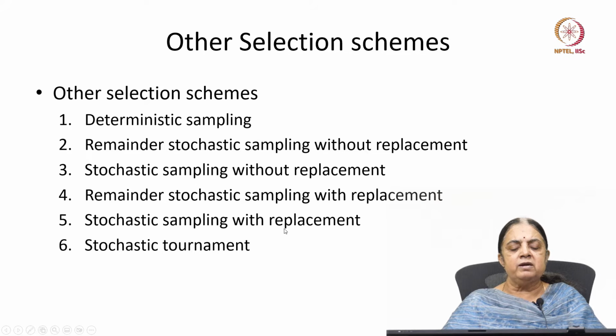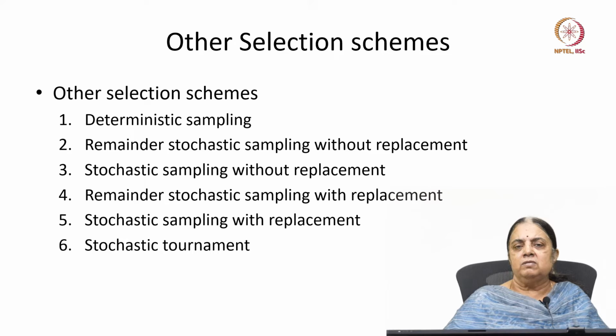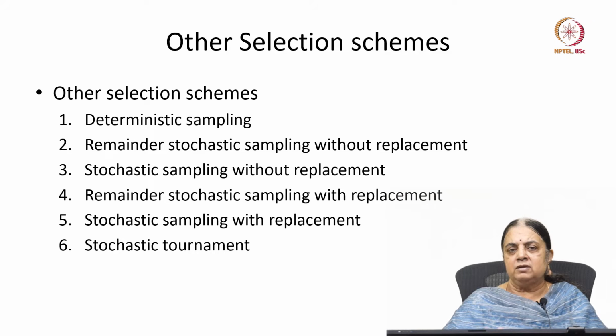Suppose the string had a particular fitness, you can reduce its fitness by 0.5 or something like that, which makes it less likely to be chosen again once it is chosen, because the probability is reduced.